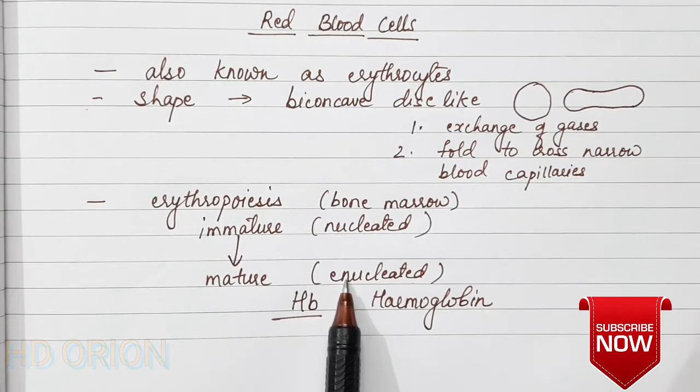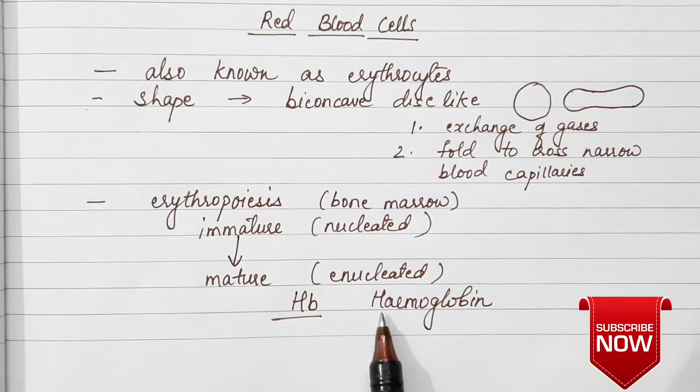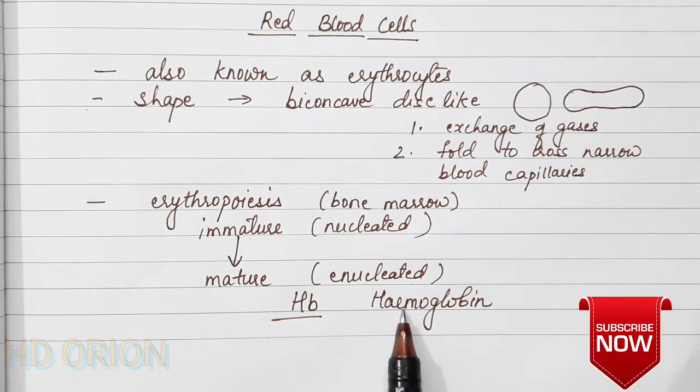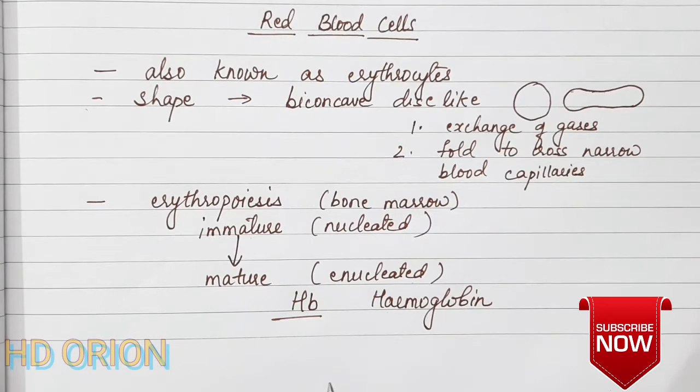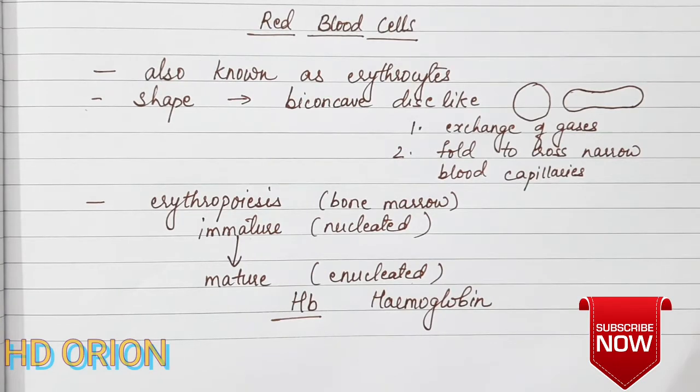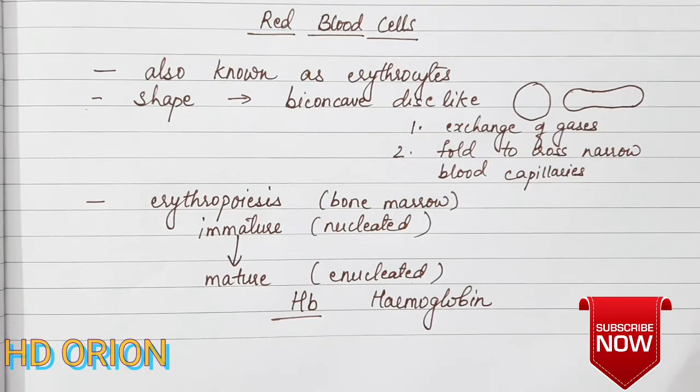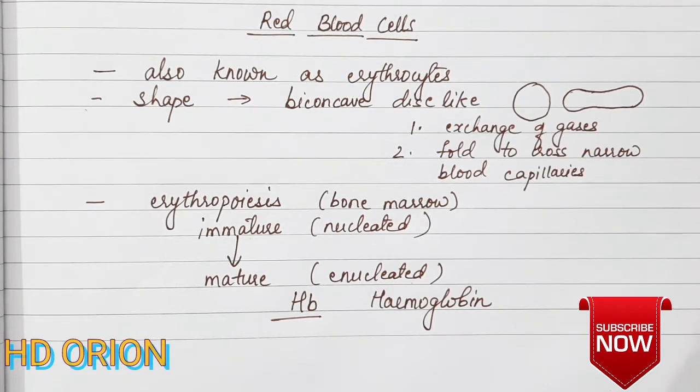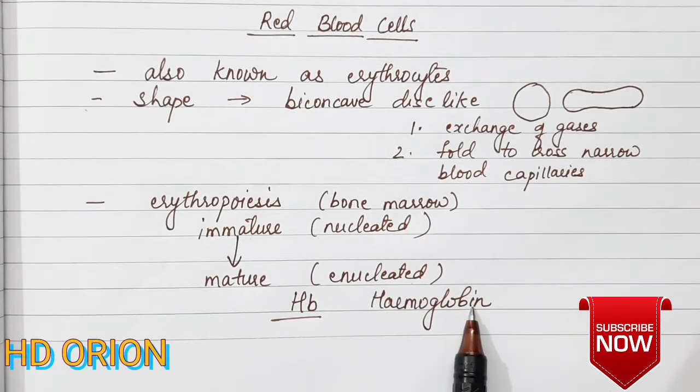The reason behind this is that it has to have hemoglobin packed up inside it, and hemoglobin helps in the carrying of oxygen. So it is an oxygen carrying pigment. It ensures that all the oxygen that hemoglobin is carrying is meant for transport. So RBCs lack mitochondria, and therefore the mitochondria of the RBC will not use it for its own purpose, and all the oxygen that the hemoglobin is carrying is only meant for the transport.